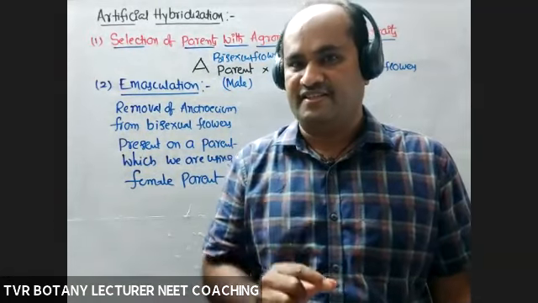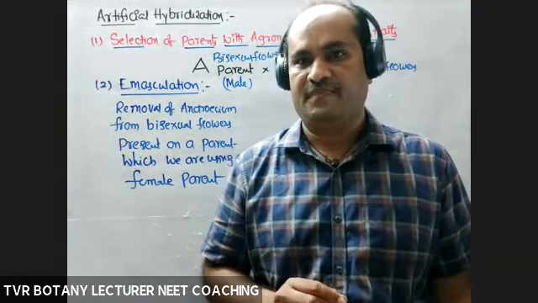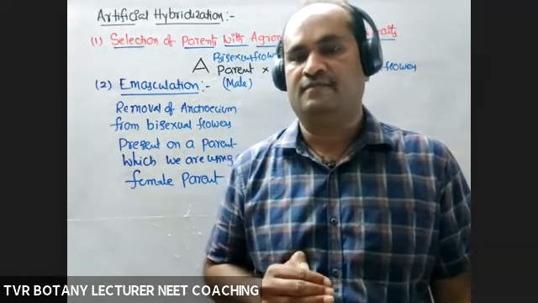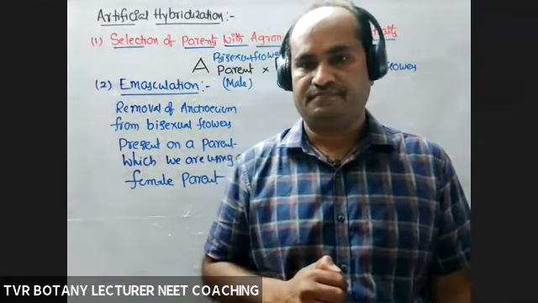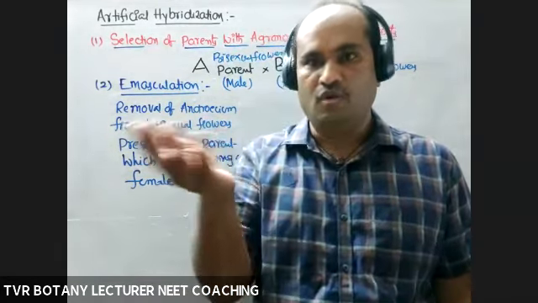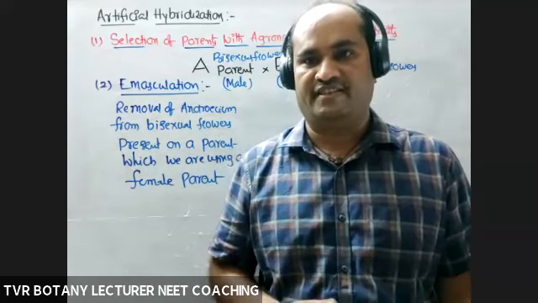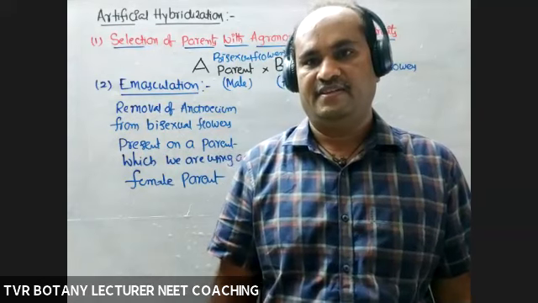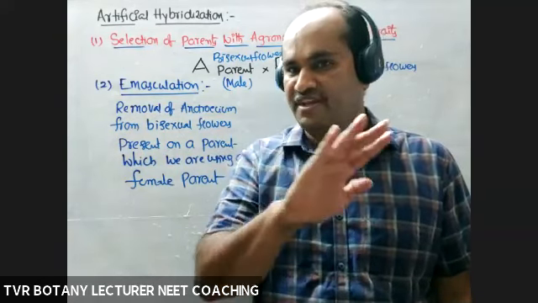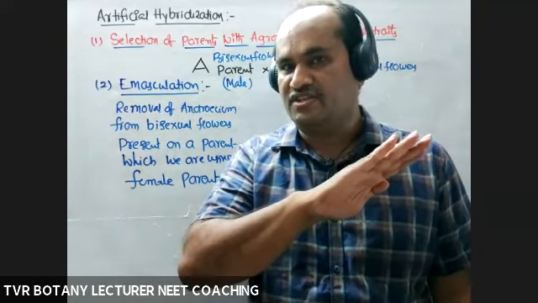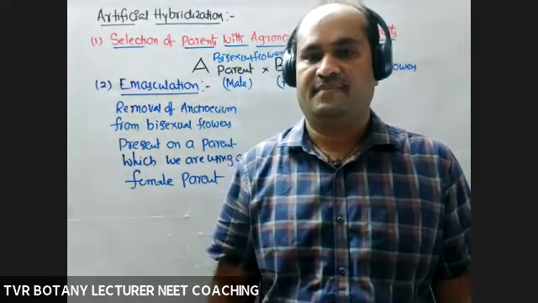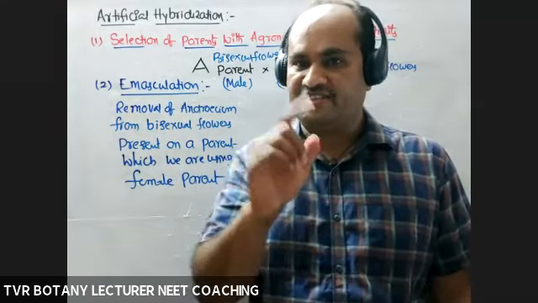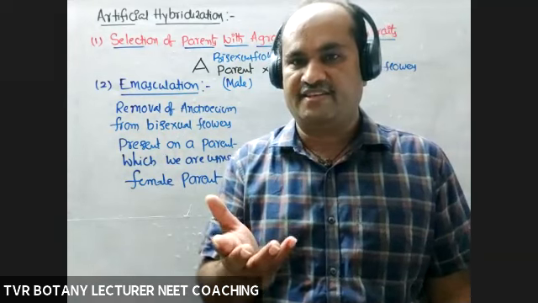In monoecious condition, in the case of angiosperms, for example, take Cocos nucifera or cucurbits. They are in monoecious condition. Male flowers and female flowers are present. So in monoecious condition, emasculation is not required. Dioecious condition. What is dioecious condition?